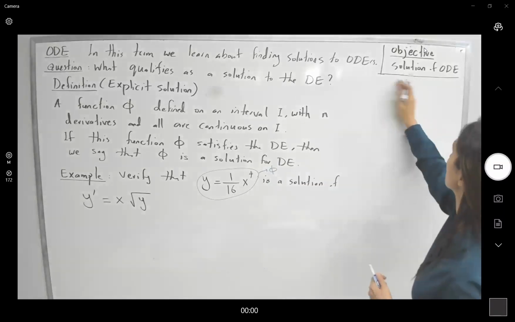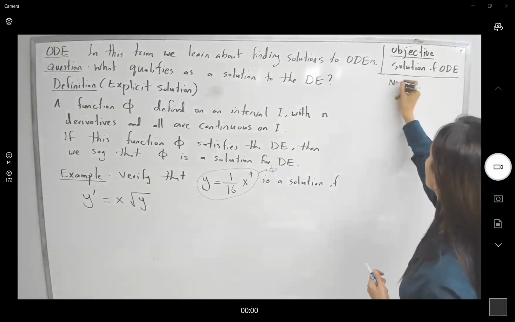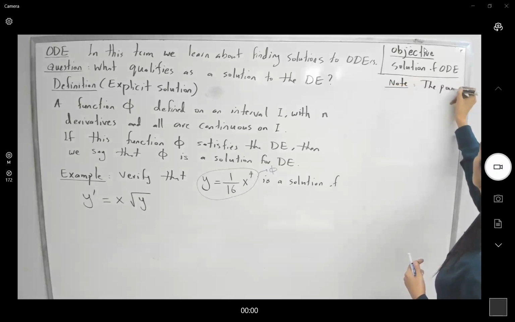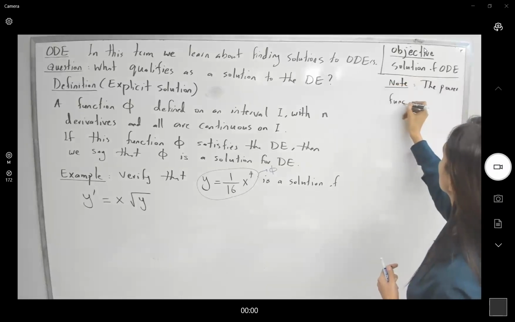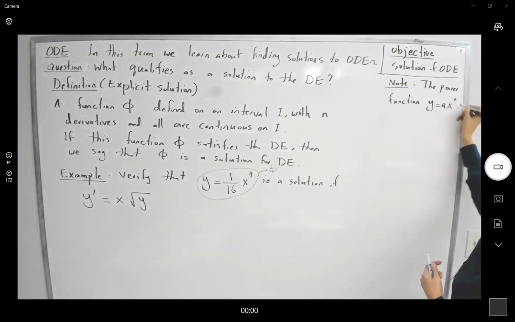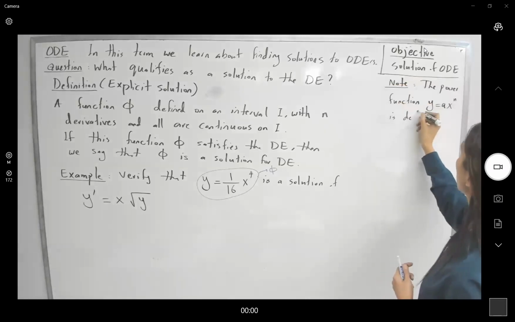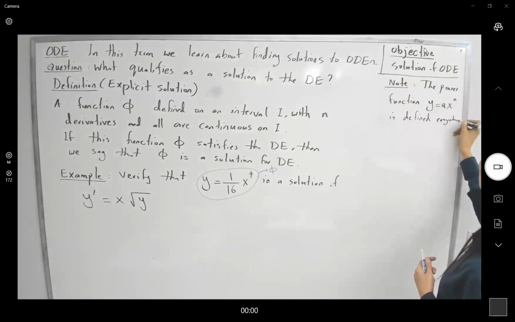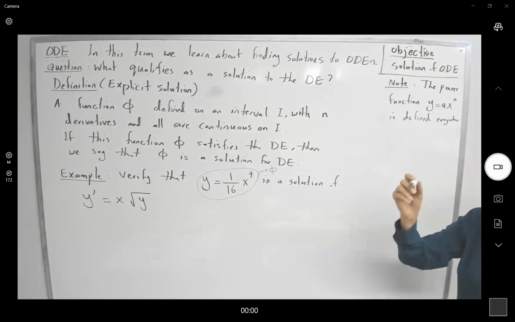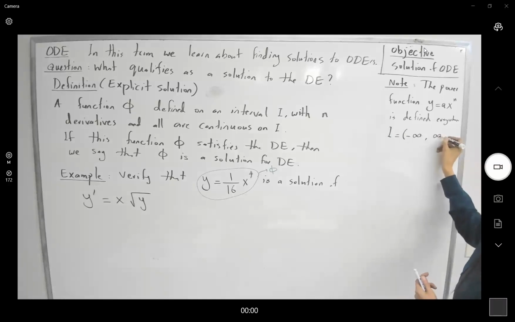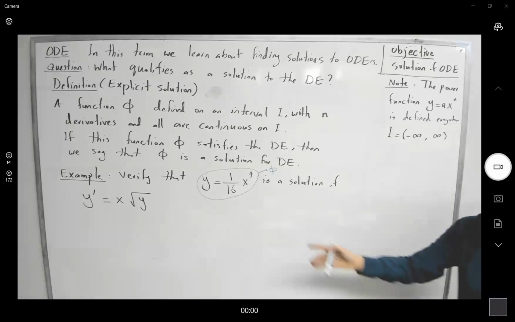Note that the power function y equals ax to the n is defined everywhere. What do we mean by that? It means that the domain or the interval is negative infinity to positive infinity. It's differentiable.